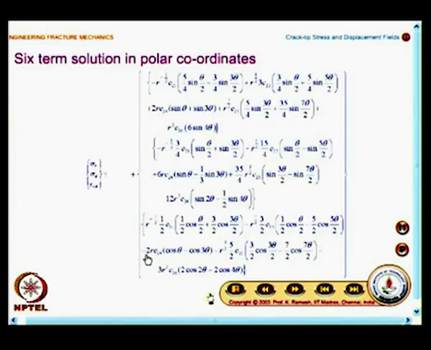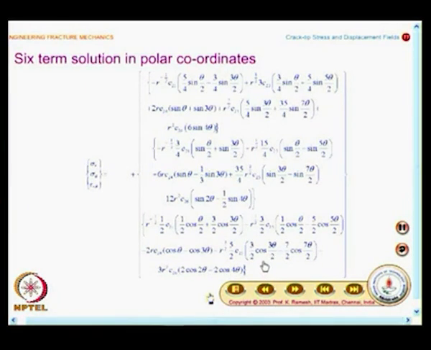And I have this next term as minus 2r C24 cos theta minus cos 3 theta, minus r power 3 by 2 5 by 2 C25 multiplied by 3 by 2 cos 3 theta by 2 minus 7 by 2 cos 7 theta by 2, and the last term is minus 3 r squared C26 2 cos 2 theta minus 2 cos 4 theta.